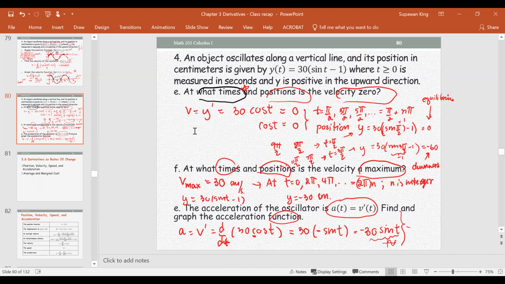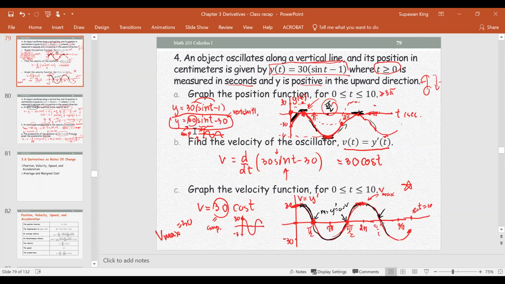It's the flip-side graph: instead of going up and down, it goes down and up. So this should be the graph of the acceleration function. The amplitude is still 30, the lowest point at negative 30, the maximum point at 30, and up and down.